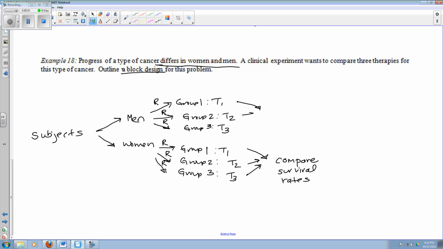I don't exactly know what they're comparing. Overall, we're just hoping that it's increasing their ability to beat cancer. So that's what I'm going to write. Compare survival rates is what we're going to be comparing.